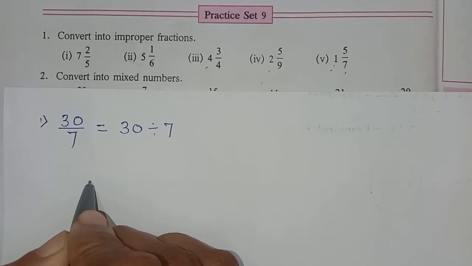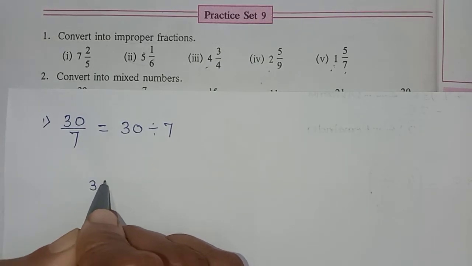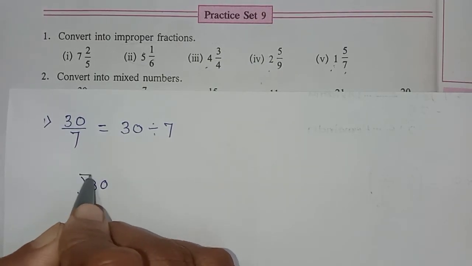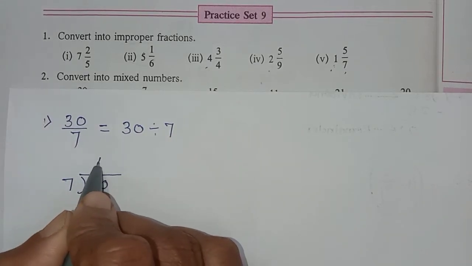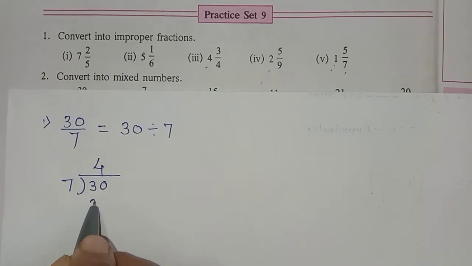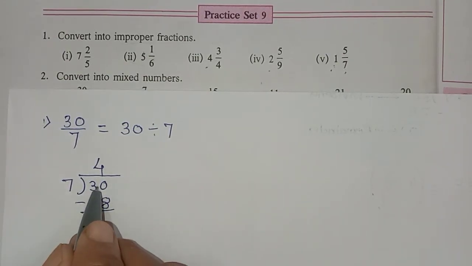By dividing 30 by 7, we get 7 fours are 28. 30 minus 28 is 2.